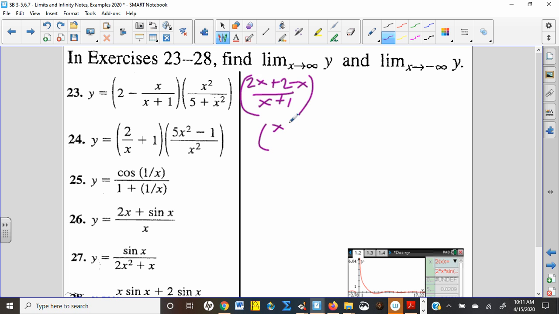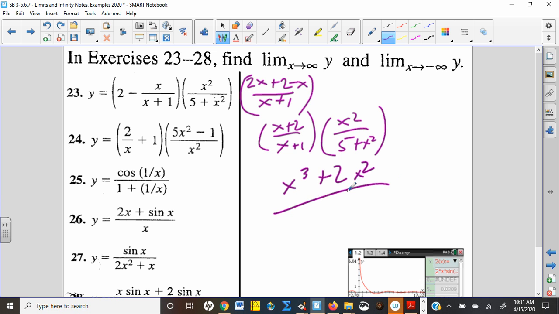So x plus 2 over x plus 1 multiplied by x squared over 5 plus x squared. So what are we going to get? We're going to get x cubed plus 2x squared over x cubed is x squared times x. x squared is 1 times x squared. 5x is 5 times x. And then 5 is 5 times 1.